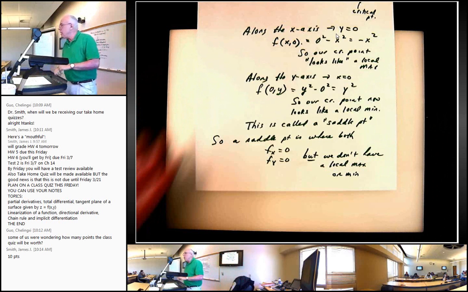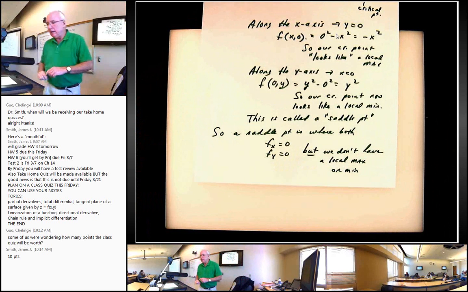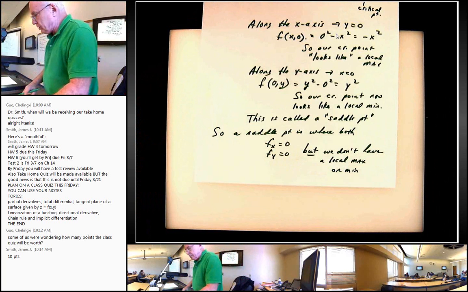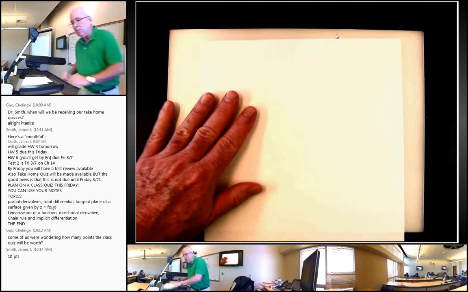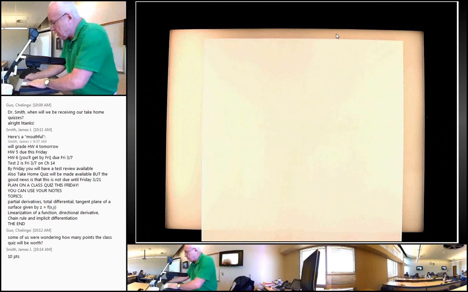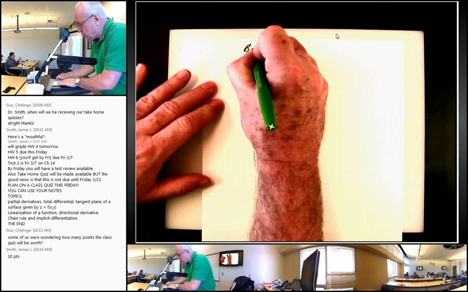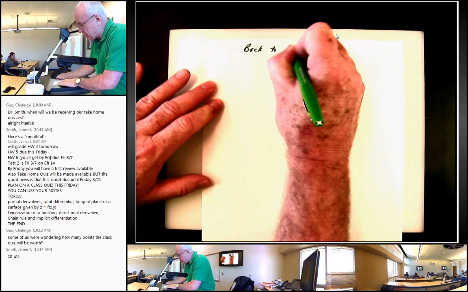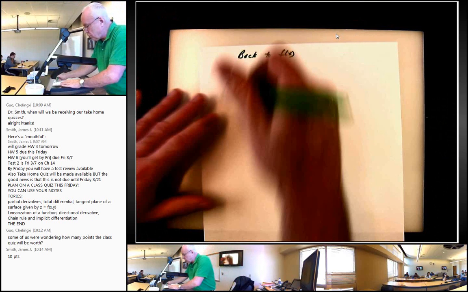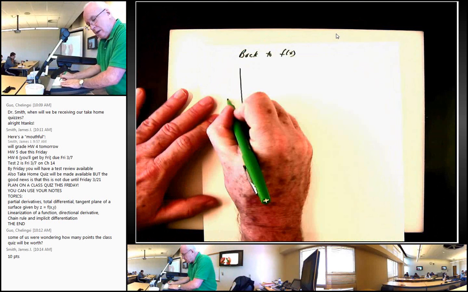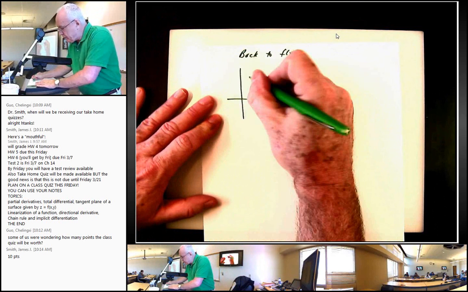Okay, are we okay with the saddle points and this critical point business? Now I want to go back again to functions of one variable. So let's go back to just plain f of x. Let me draw a little graph here again. This one will be much simpler than the other one.